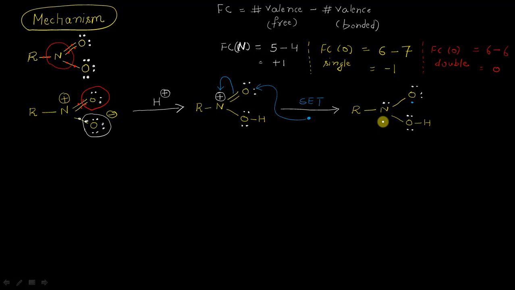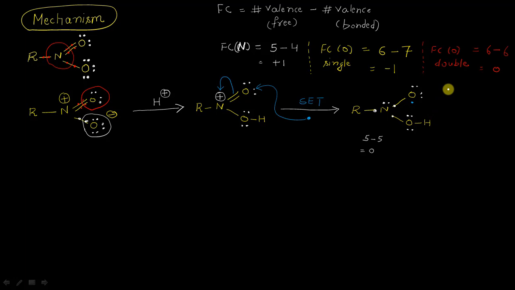It will be 0, and there is no need to put any positive or negative charge over this nitrogen atom, because the number of valence electrons in the free nitrogen atom is 5, and here in the bonded state it is having 1, 2, 3, 4 and 5 valence electrons, which gives me a formal charge of 0.